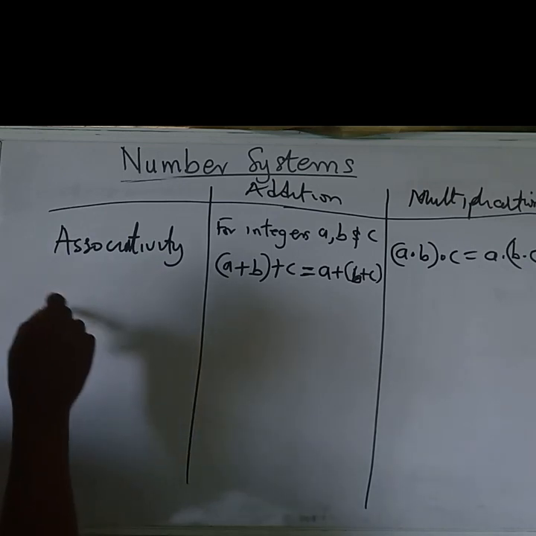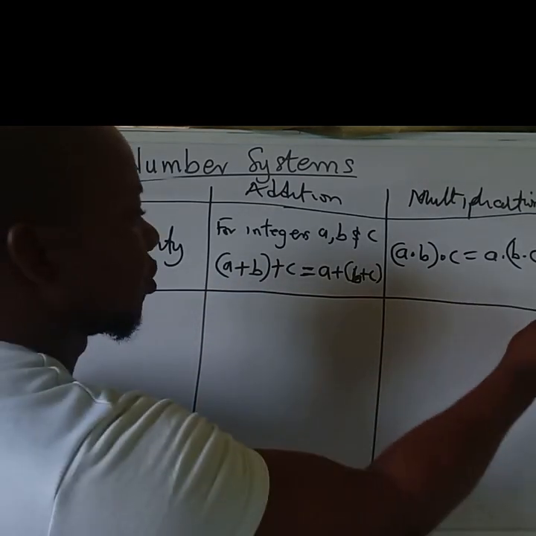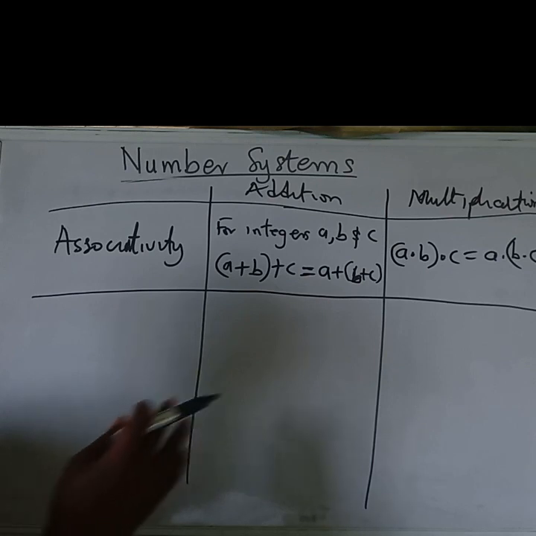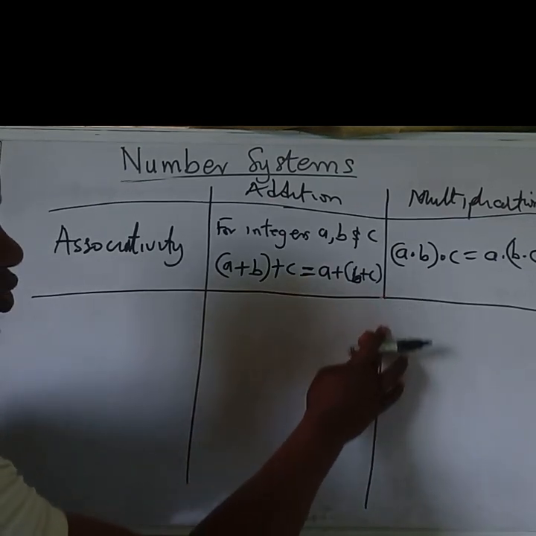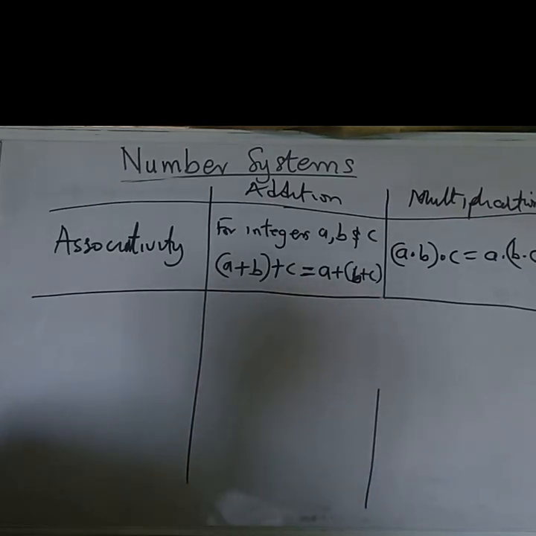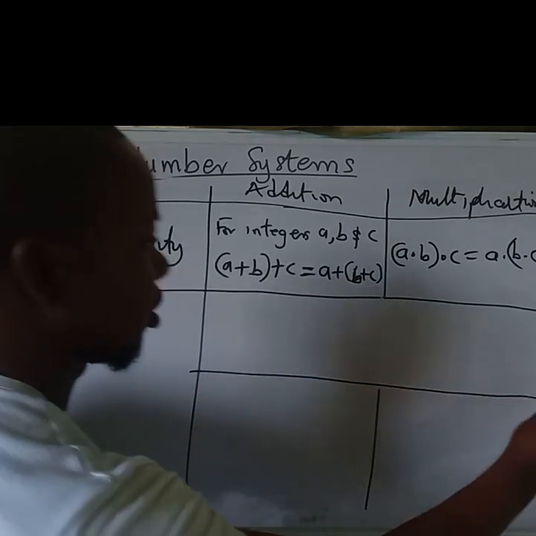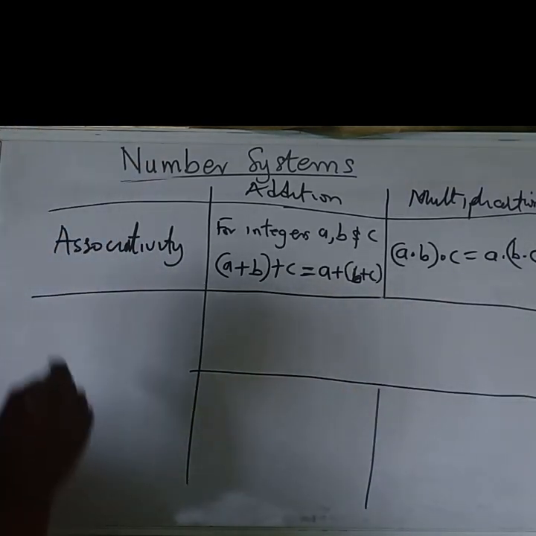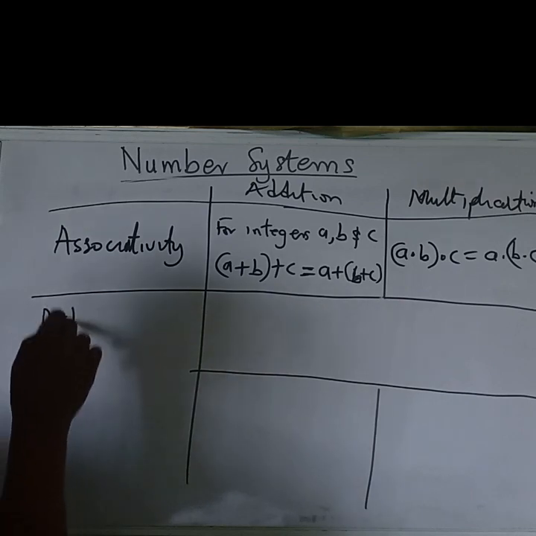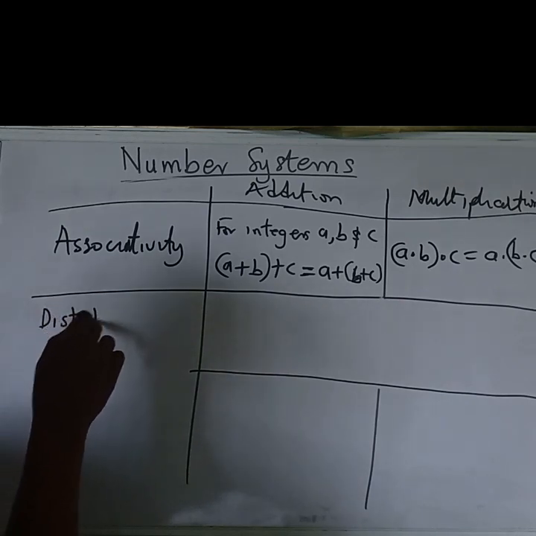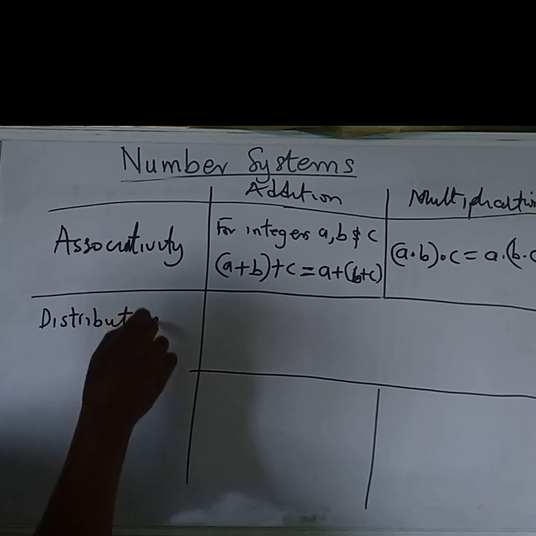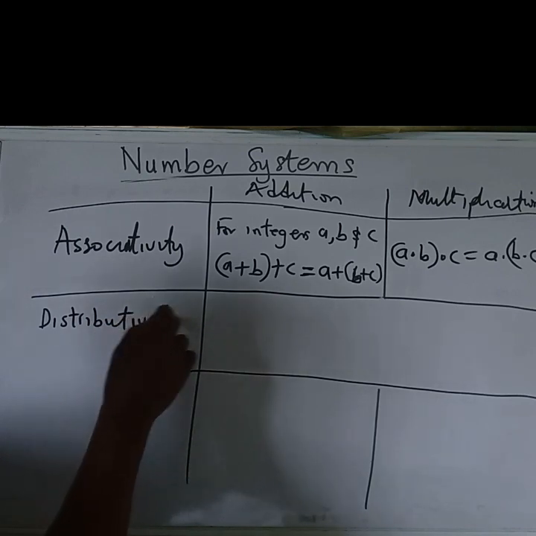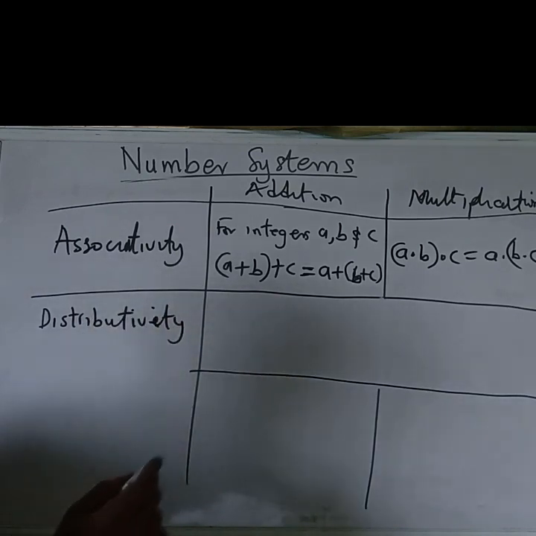So let's take another one. This one combines both addition and multiplication, so let me create a combined table here. We'll call this distributivity.